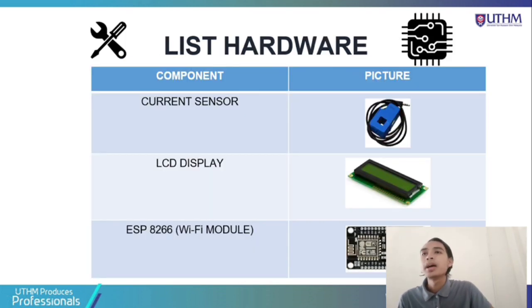So this is my list of hardware that I use for this project. First is a current sensor or current transformer, used to give feedback current and act as input to the Arduino. The second one is the LCD display. The third one is the ESP8266, which is a Wi-Fi module.